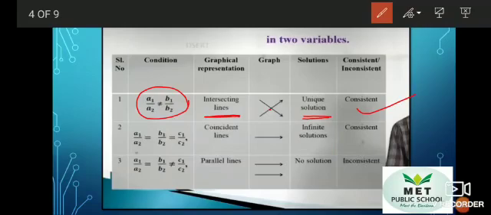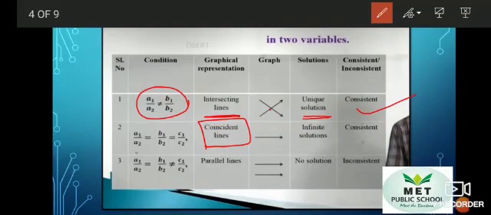The second condition is coincident lines. The condition for coincident lines is a1 by a2 is equal to b1 by b2 and that is equal to c1 by c2. When any two pair of equations are given, you have to collect all the values of a1, a2, b1, b2 and c1, c2.